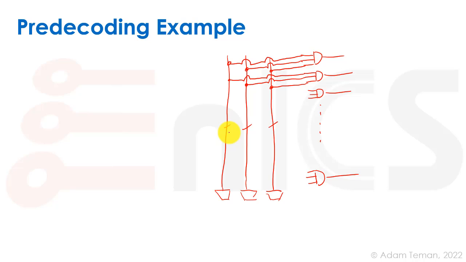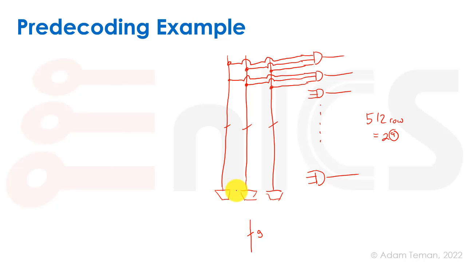Well, remember that we defined before that this is going to be 512 rows, which equals 2 to the power of 9. That means we have exactly 9 address bits. So there are going to be 9 address bits coming into this predecoder.